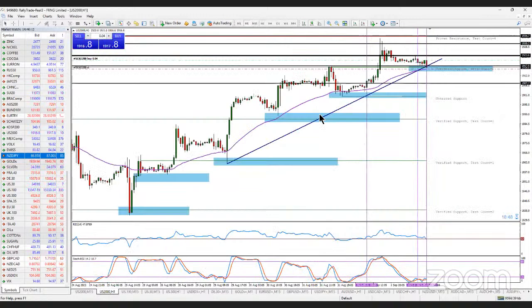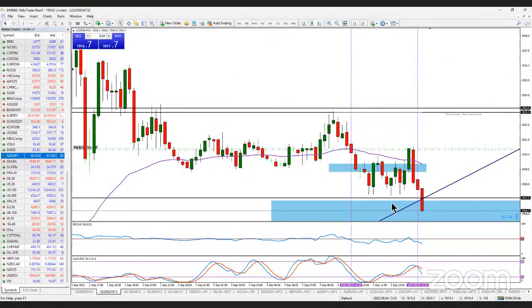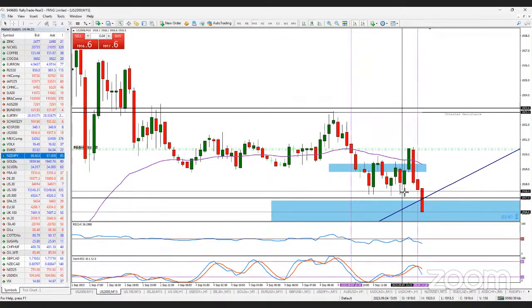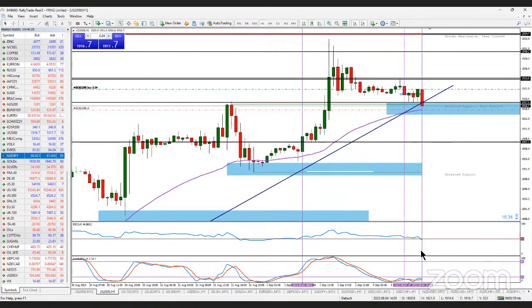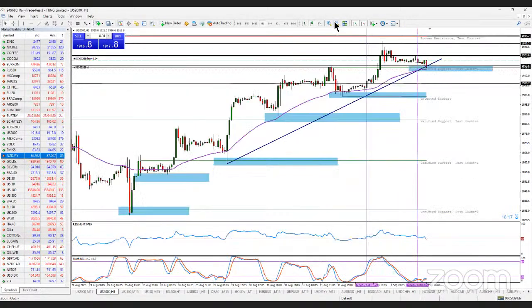Can you see how this thing keeps breaking where I set this before? It has broken it. It's going down. On 1 hour now, look at RSI trying to go down. If it can break below this moving average, then you know that the uptrend is gone, and then you're looking for sells or a downtrend.